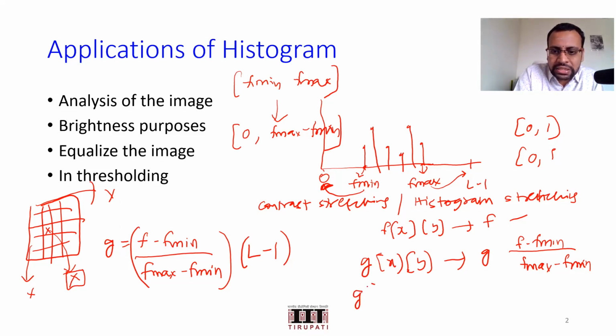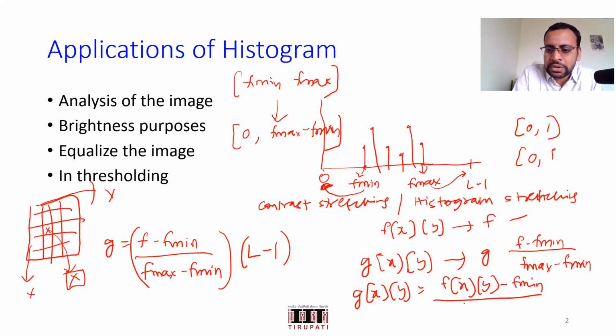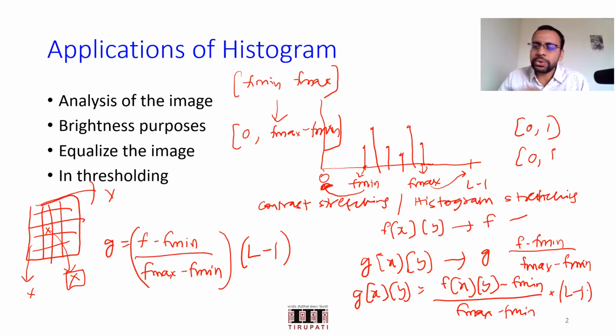So if that is in doubt, let me write it as g of x comma y equal to f of x comma y, a 2D array I'm writing, minus f min, divided by f max minus f min, into L minus 1. I will do this for every pixel. Is that understood, clear? Good.